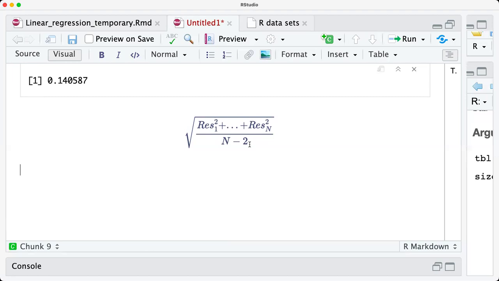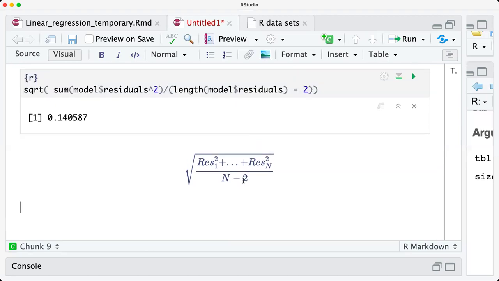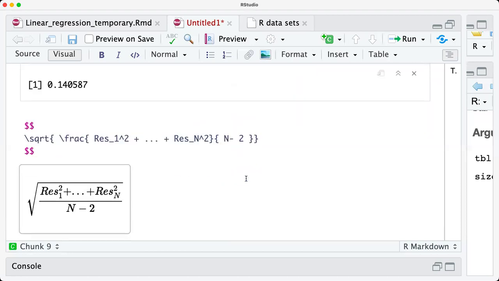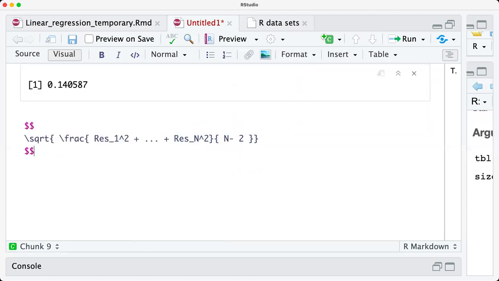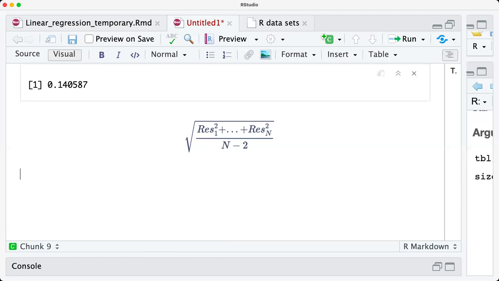When we do multivariate linear regression, we will change this 2 accordingly, according to how many parameters we have to estimate.